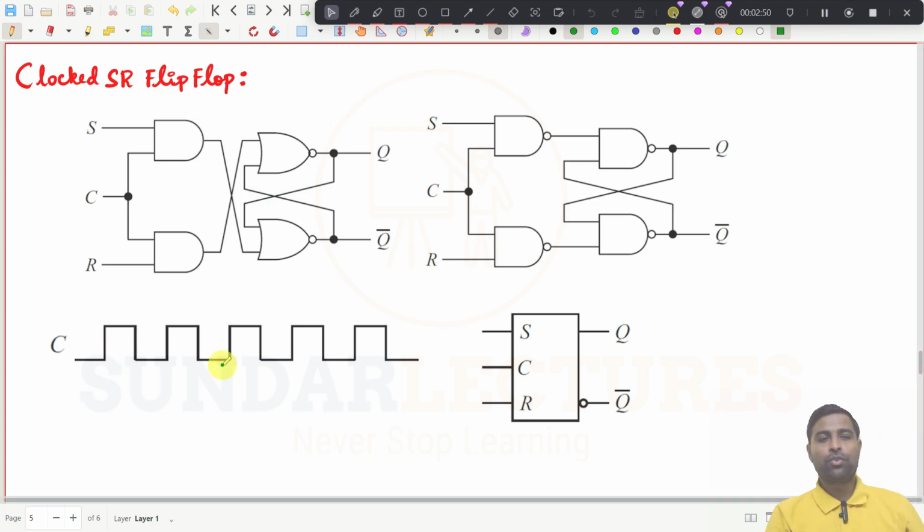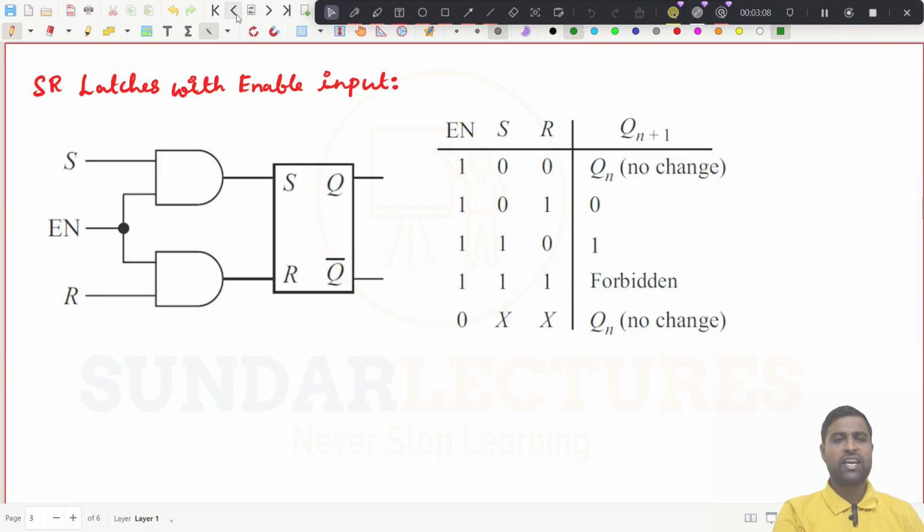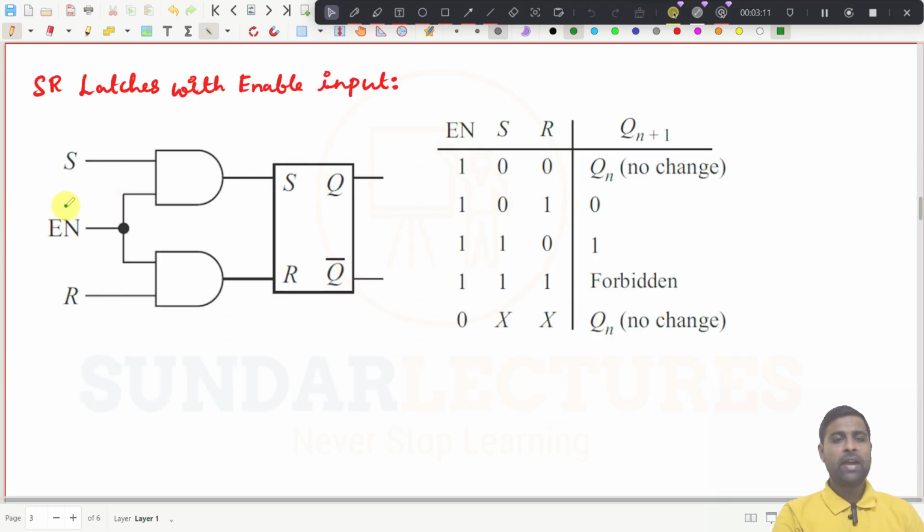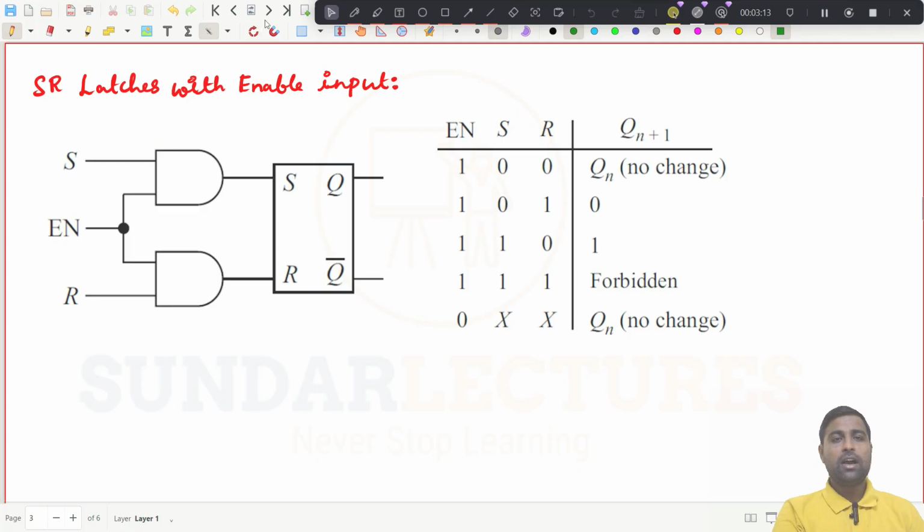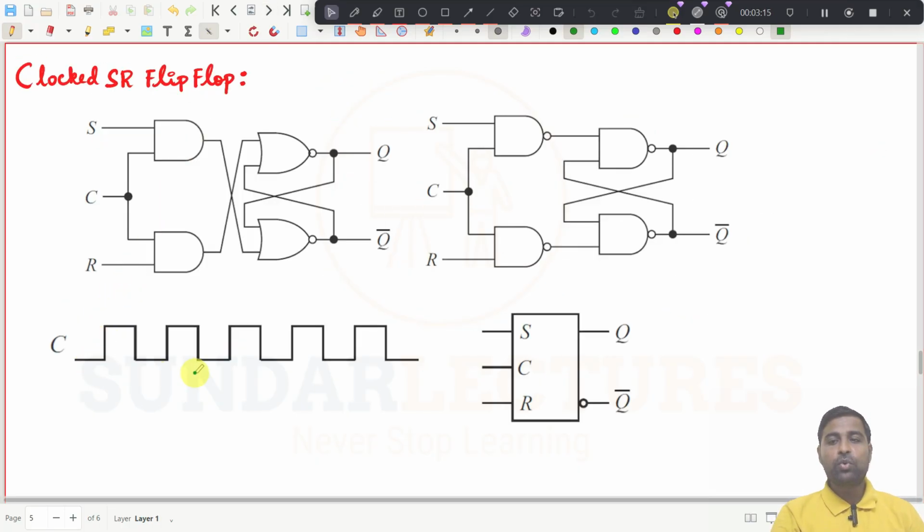And what we are going to do now is see a different one, with clock pulses. You would have understood what the enable input is. Like that, we are going to see clock pulses now. The same diagram we have seen here, instead of this enable, we are going to give clock pulses, up and down clock pulses, like square waves or rectangular waves, whatever it may be.